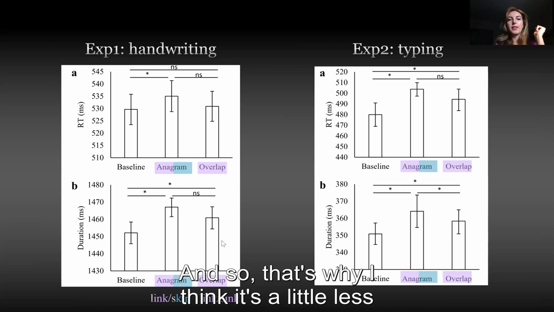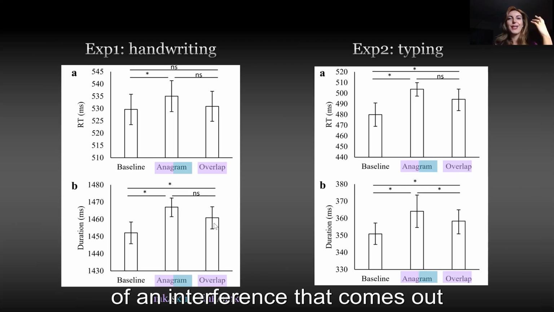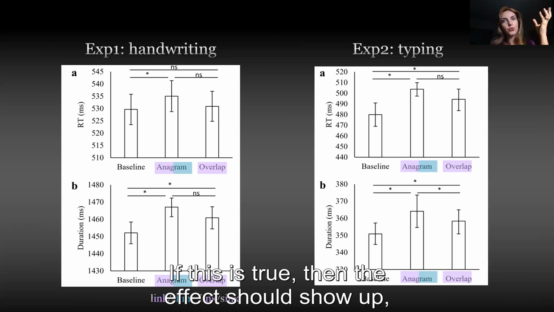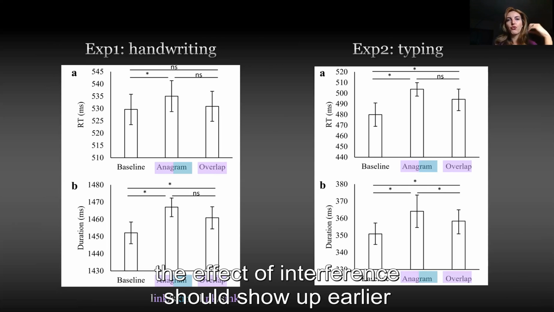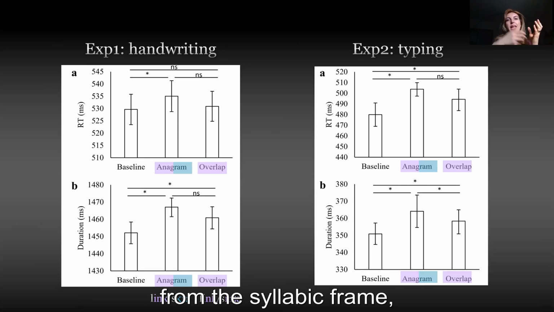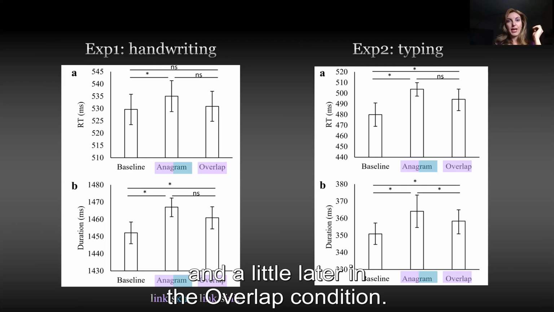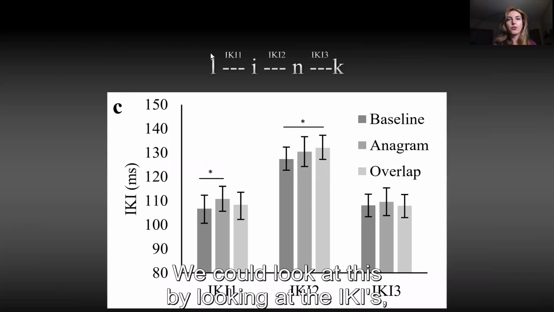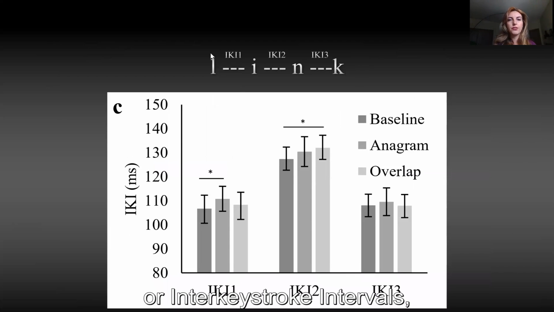And so that's why I think a little less interference comes out, because it's been countered by facilitation. If this is true, then the effect of interference should show up earlier in the anagram condition because there is no facilitation from the syllabic frame, and a little later in the overlap condition. We could look at this by looking at the IKIs, or inter-keystroke intervals.